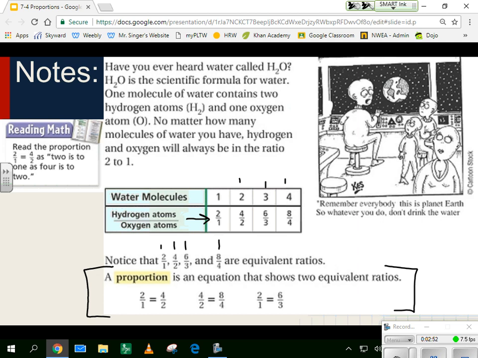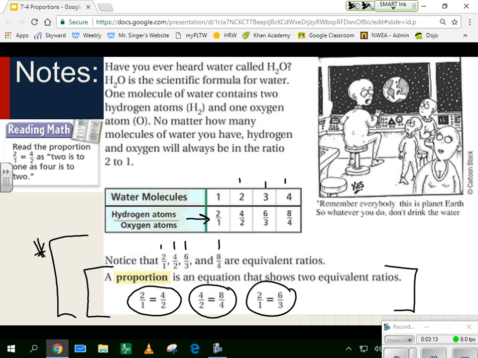So 2 to 1 equaling 4 to 2, it's the same exact value, so they're proportionate. 4 to 2 is equal to 8 to 4, that's proportionate. And 2 to 1 is also equal to 6 to 3, that's also proportionate. So I want you to have this example down that you see at the bottom. I'm really only looking for this stuff to be put into your notes, so you have the definition of proportion.